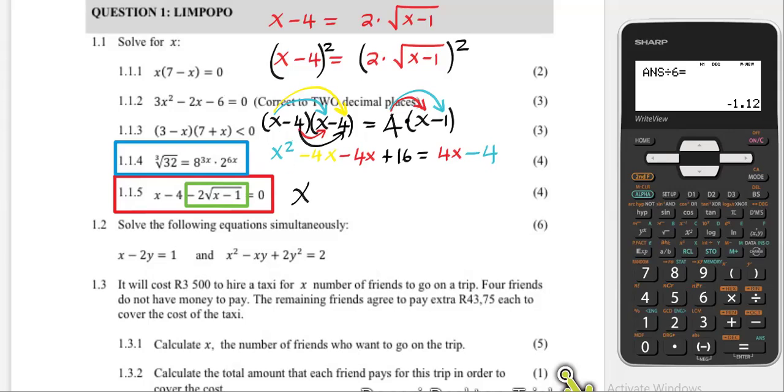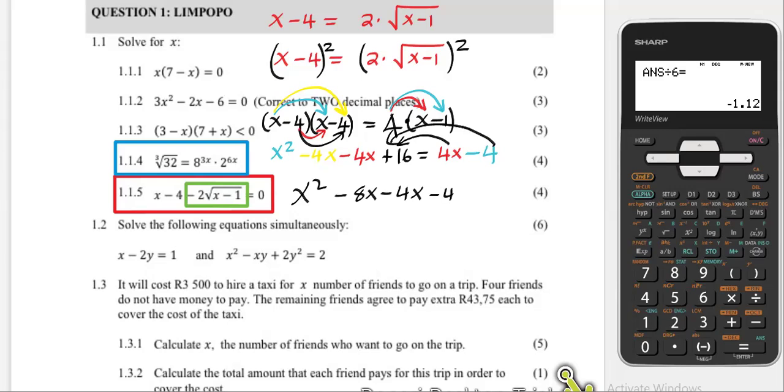So it will be x squared minus 8x. And of course I need to bring this one to that side, so it's going to be minus 4x. I also need to bring the minus 4 to that side, so it's going to be minus 4.